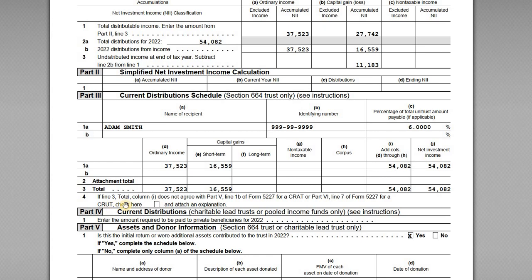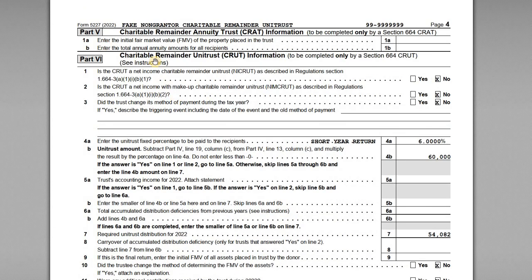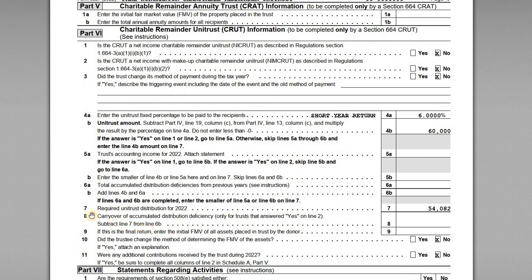And then on line 4, it asks, if our total in column I does not agree with part 5, line 1B for a CRAT, or part 6, line 7 of 5227 for a CRUT, you've got to check here and attach an explanation. What they're referencing there is the Unitrust distribution to the beneficiary for the year. So if we go back to part 5, line 6, the total Unitrust required distribution, line 7, $54,082.